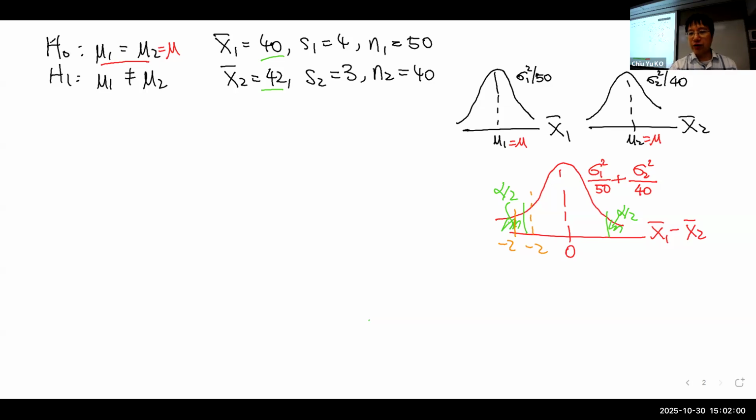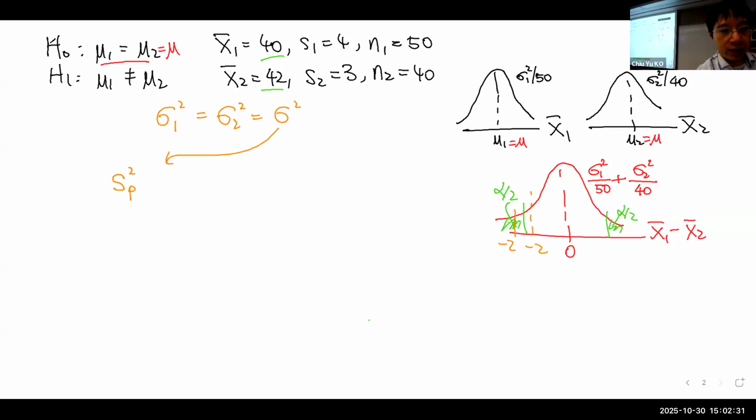So again, we don't know the sigma, so we replace this by S. But since we assume the variances are the same, we can estimate this by what we call SP square.